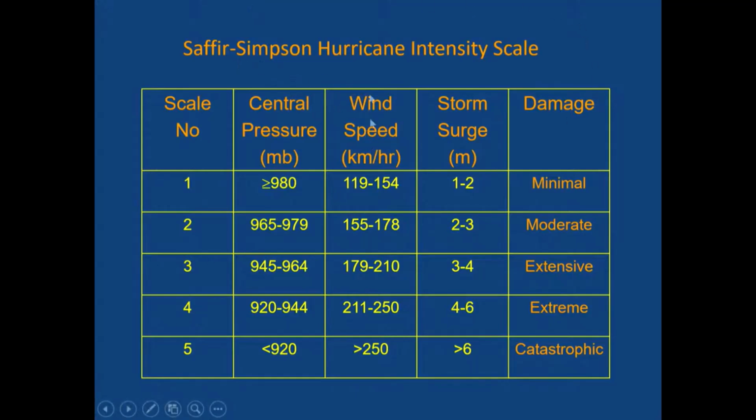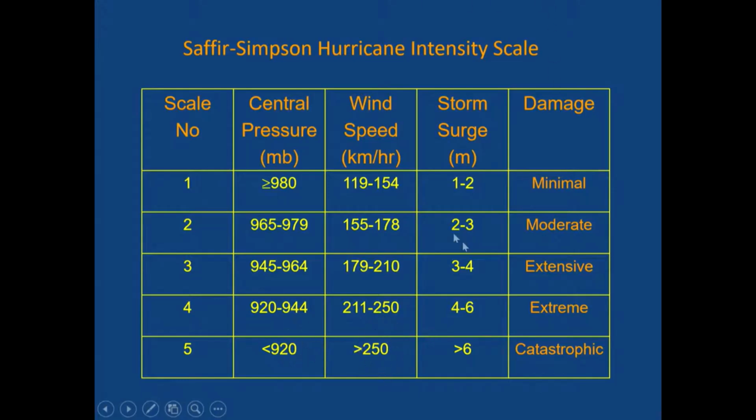Similarly, the wind speed also starts around 120 kilometers per hour. Then it increases to more than 150, and then 180 and 200, and then greater than 250. At that point of time, central pressure will be less than 920 millibars.